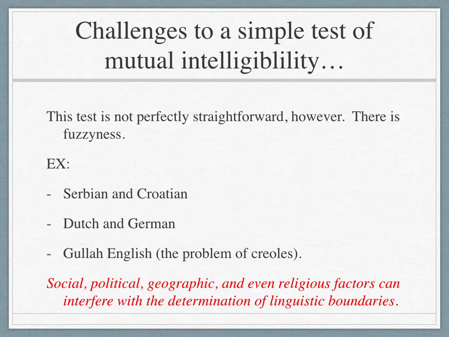But in a nutshell, lots of real-world factors interfere with the application of mutual intelligibility as a test for languagehood or dialecthood. Things like social, political, geographic, even religious factors can interfere with the determination of linguistic boundaries.